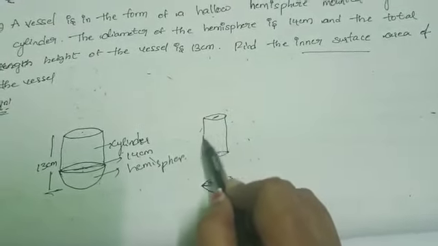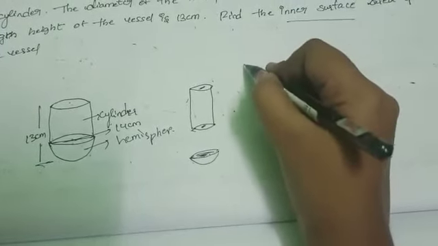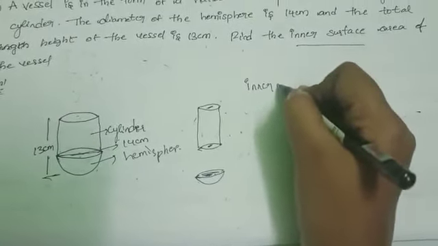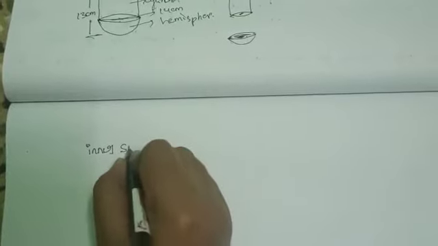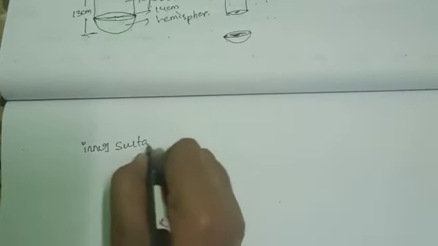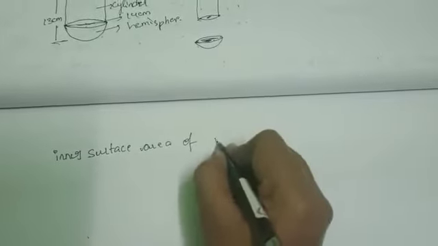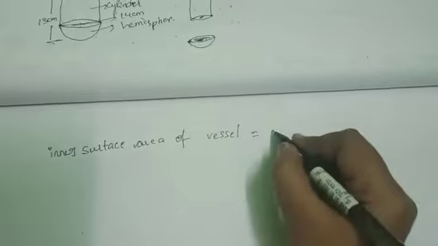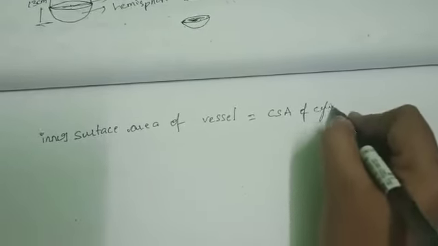This surface. So inner surface area of vessel equal to curved surface area of cylinder.